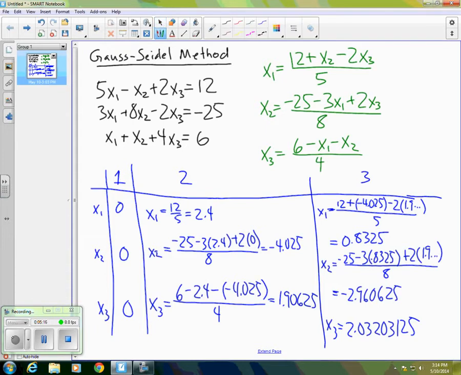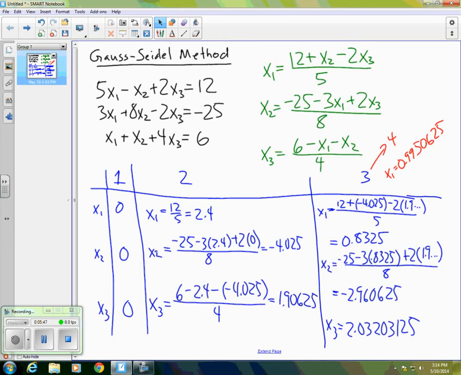When we go to the fourth iteration, the value we obtain for x1 comes out to be 0.9950625. So you can see we're very, very close to the actual value of 1, and you would imagine that our x2 and x3 will be even closer to their exact values as well.